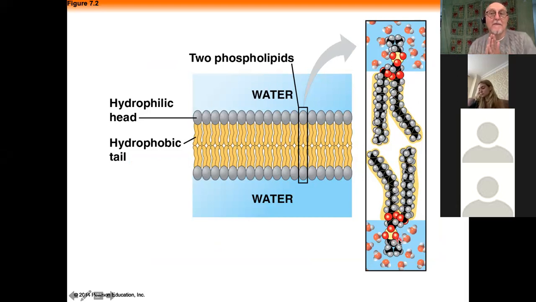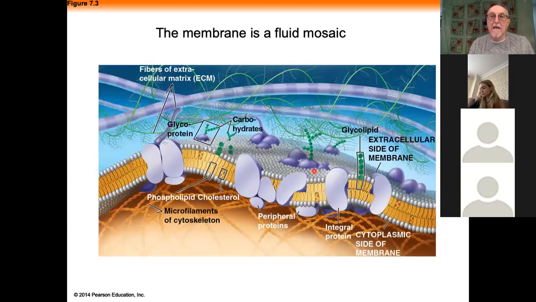When we mix this in water, the only way it can satisfy all the requirements is if it forms this phospholipid bilayer like this. That's only the skeleton, because the actual living nature of the membrane is conferred by all of the proteins which are embedded in the membrane. Those proteins have many, many different functions, many of them enzymatic.